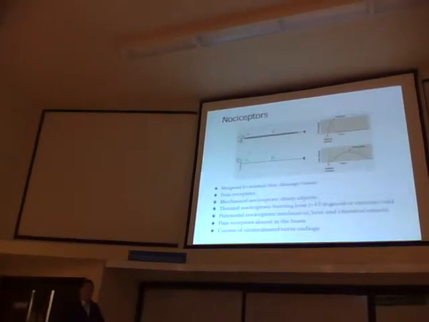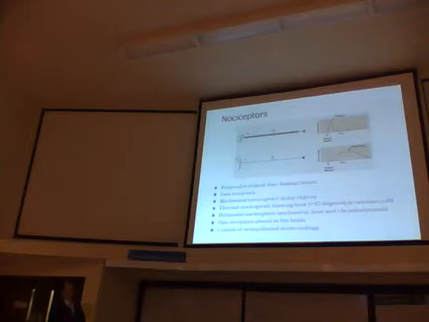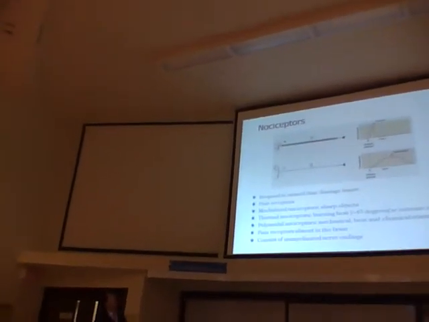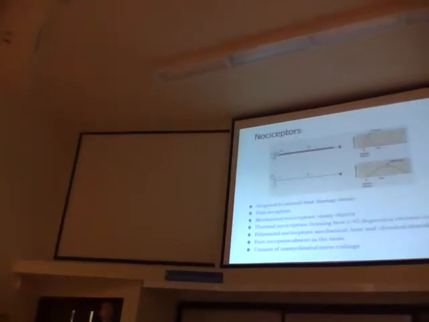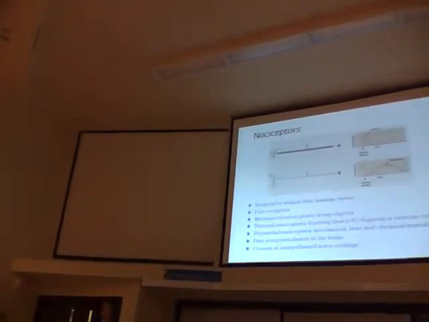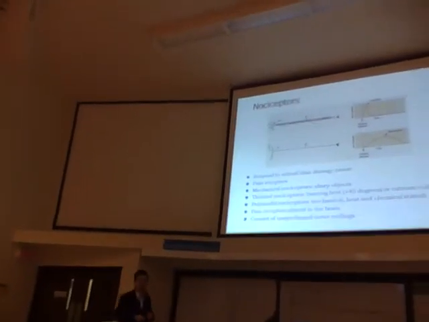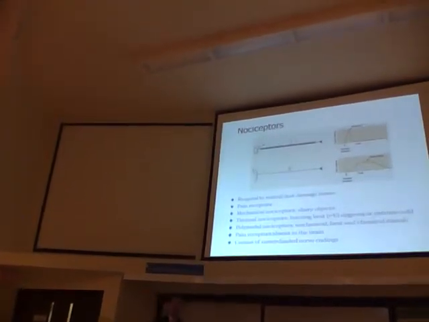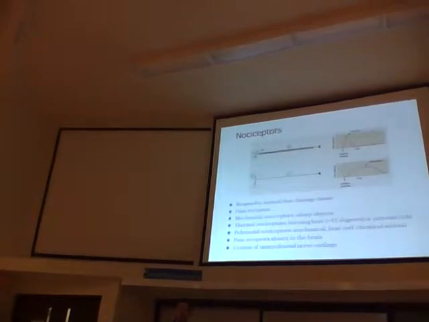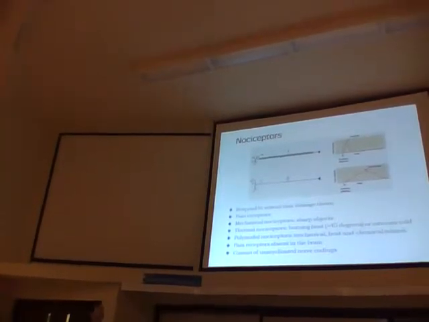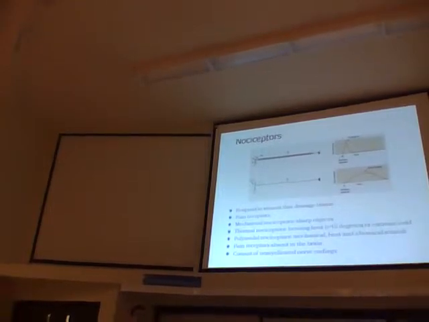Pain receptors, as I said, come in through the A-delta myelinated or the C fibers. And here's an important point. C fibers, because they conduct more slowly, tend to produce sensations of slow, burning pain, whereas A-delta fibers are specialized to signal sharp pain.